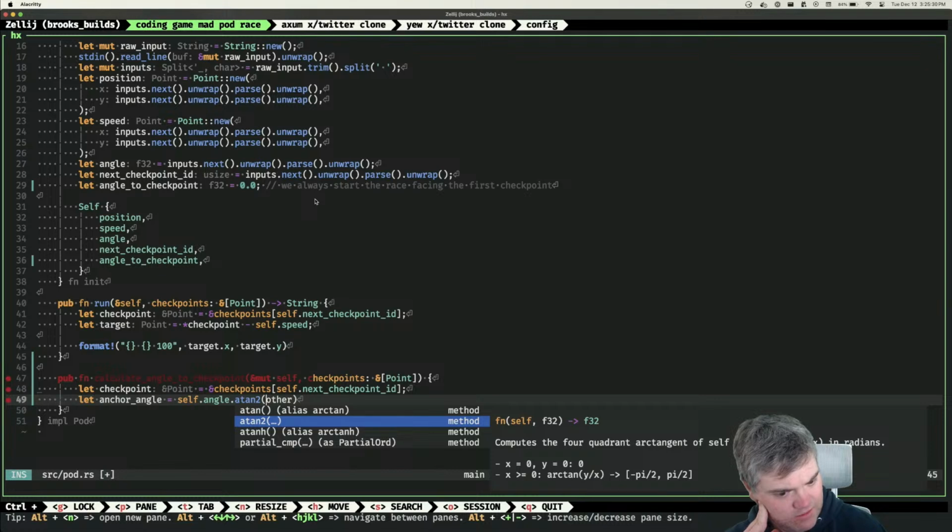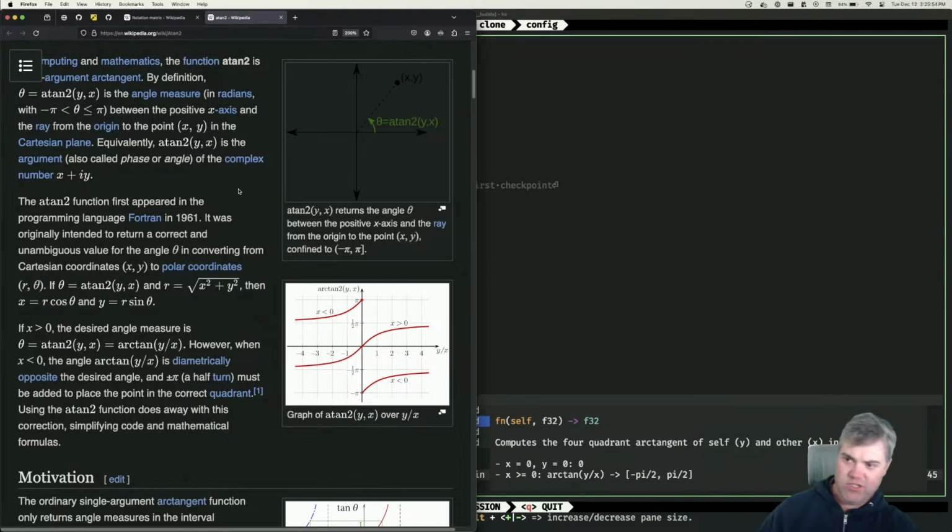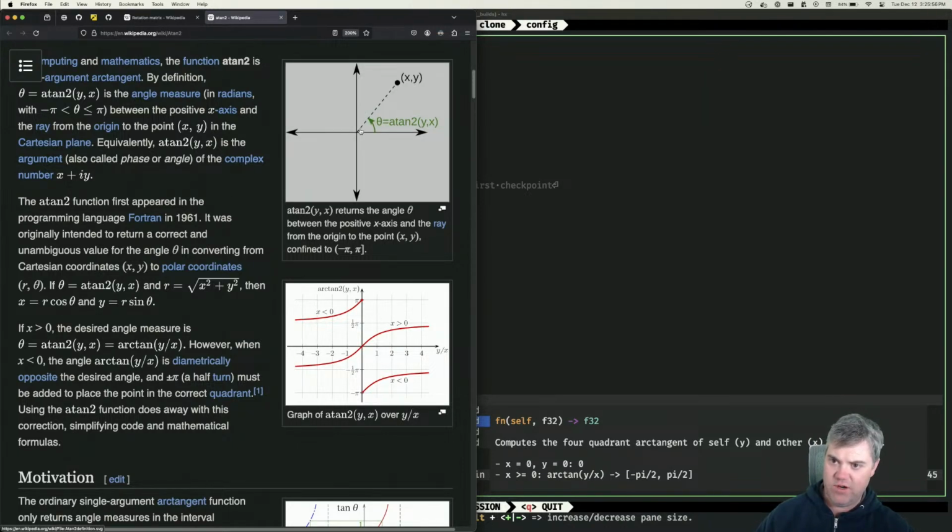I'm not sure this is helpful. Well, like self y. So I was calling it on this angle that I have, which would be the 45 degrees, for example.